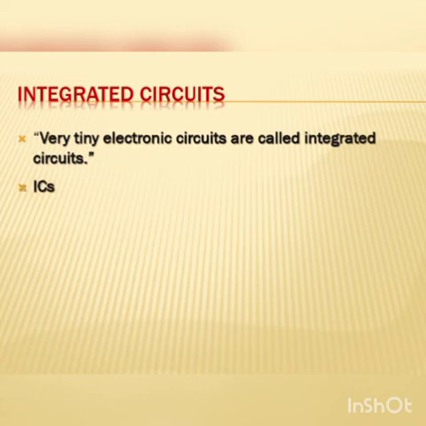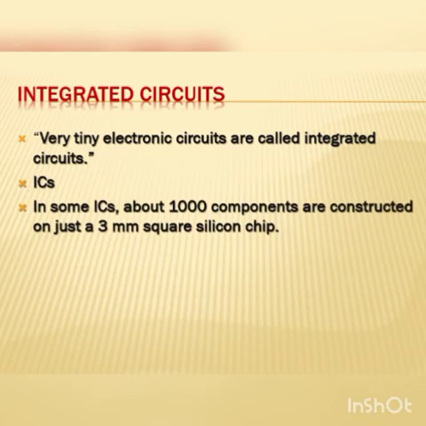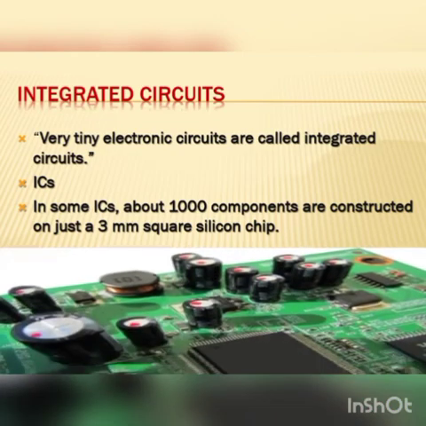These are commonly known as ICs. In some ICs, about 1000 components are constructed on just a 3 mm square silicon chip. It means this chip is very small and 1000 components can be constructed on this small chip. Here is the diagram of an integrated circuit.